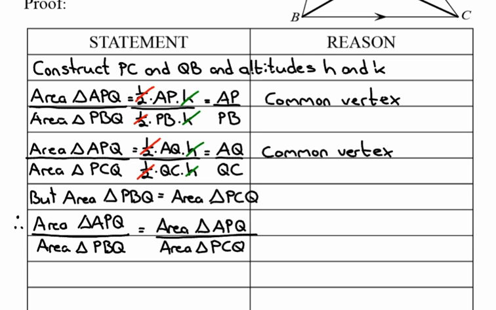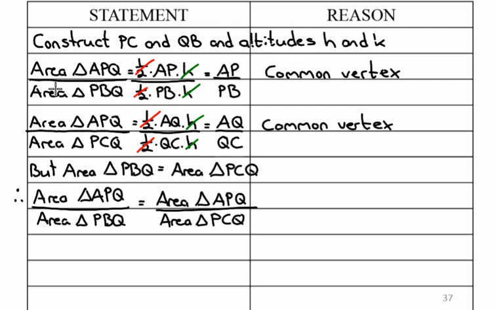But hang on a second. That is equal to that, and that is equal to that. So if those guys are equal, then those two ratios must also be equal. So I can say, therefore, AP divided by PB is equal to AQ divided by QC.